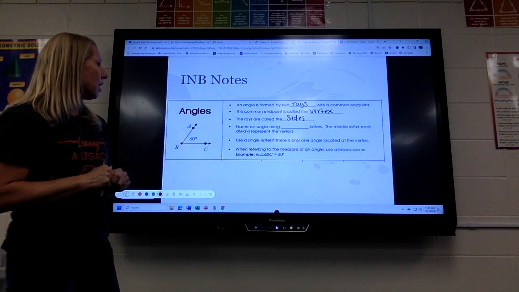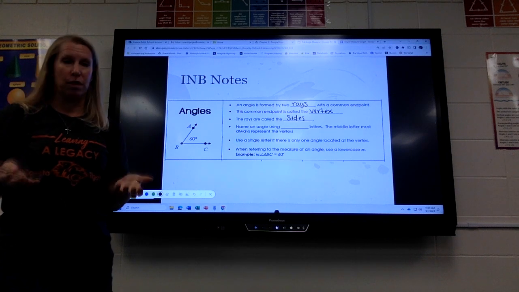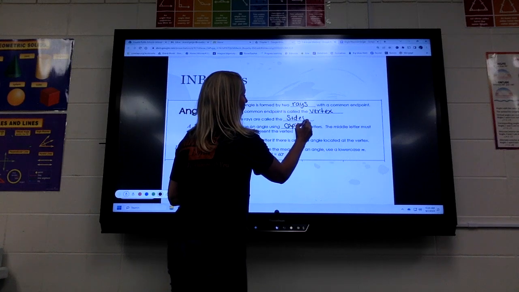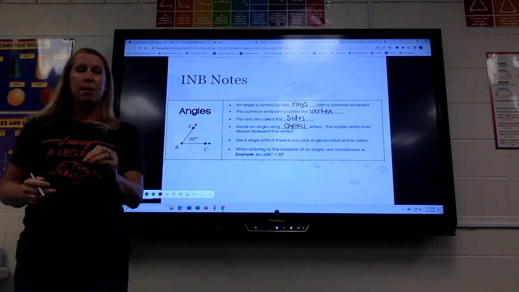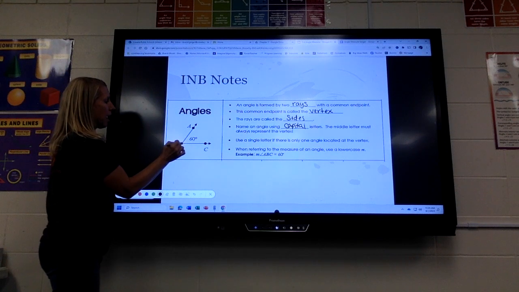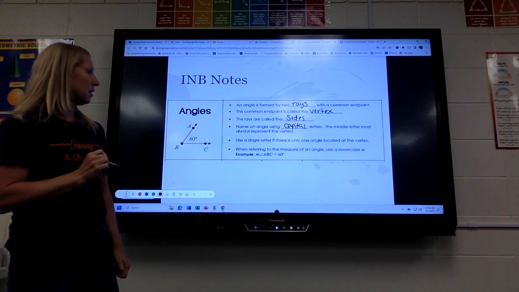So it says name the angle using capital letters. So we have to use capital letters when we name the angle. The middle letter has to be the vertex. So B would have to be the vertex.